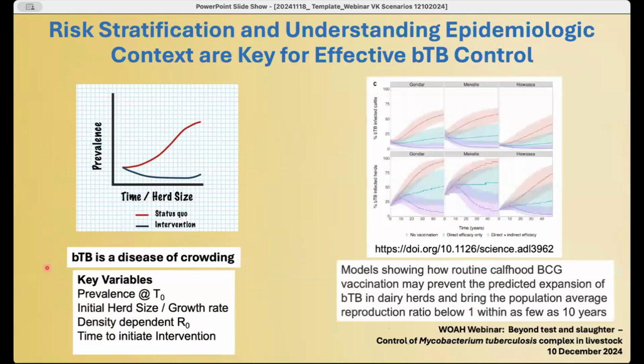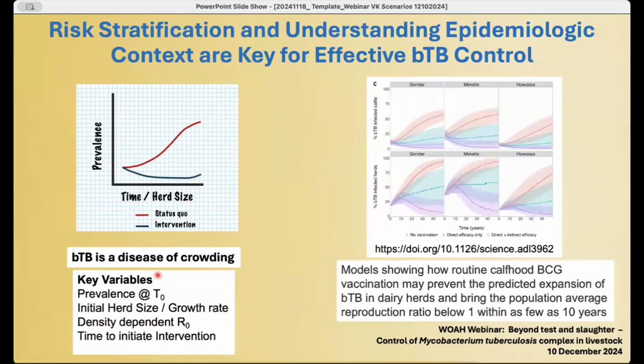So I wanted to end by saying that risk stratification and understanding the context are really key for effective control. In the absence of control, over time, as herd sizes increase and intensive farming takes place, prevalence will increase. There's no real two ways about that. And so whatever interventions we're looking at, we are trying to bring these down below thresholds where R naught does not increase much.